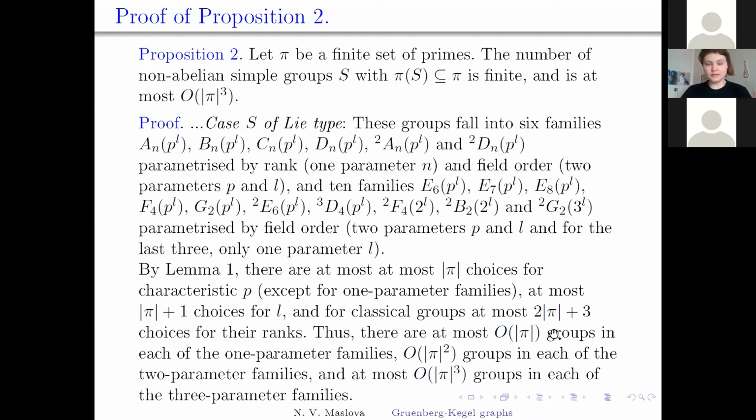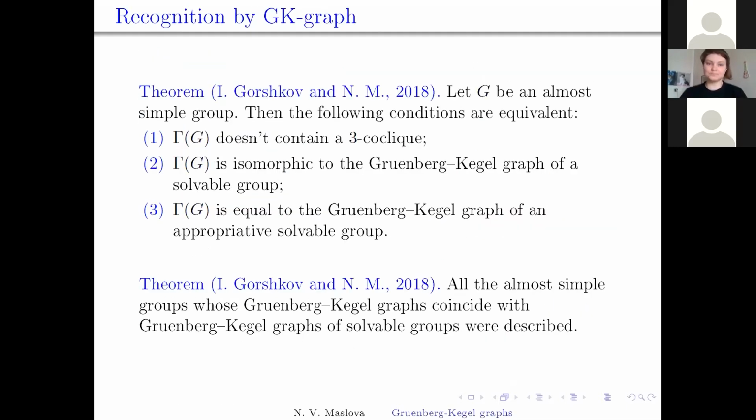So in any case there are at most O of pi cubed choices to find these free parameters, and no more simple groups of this series with the property that its prime spectrum is contained in our fixed finite set P of primes.